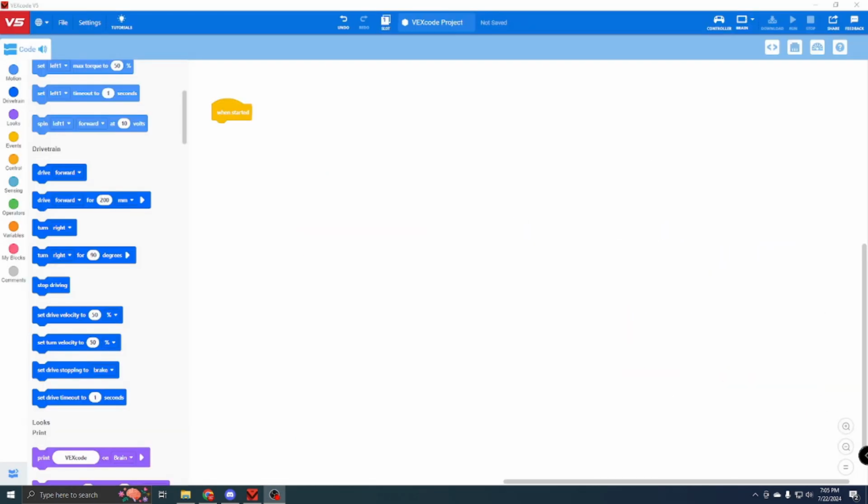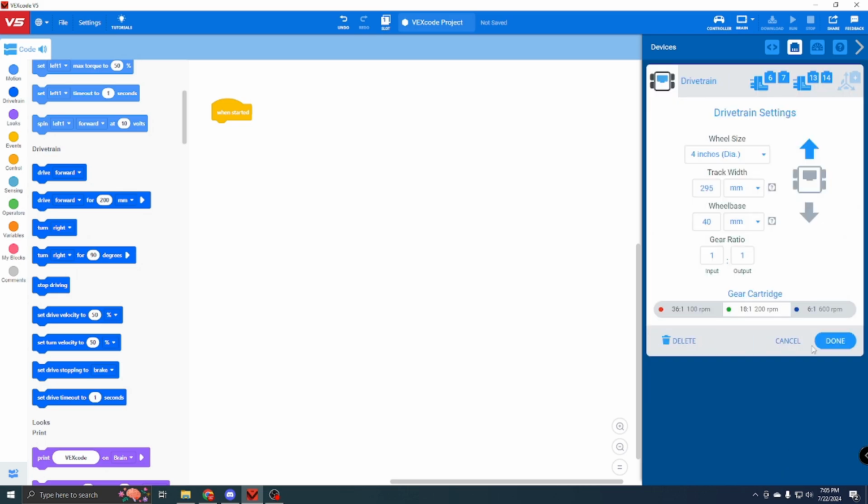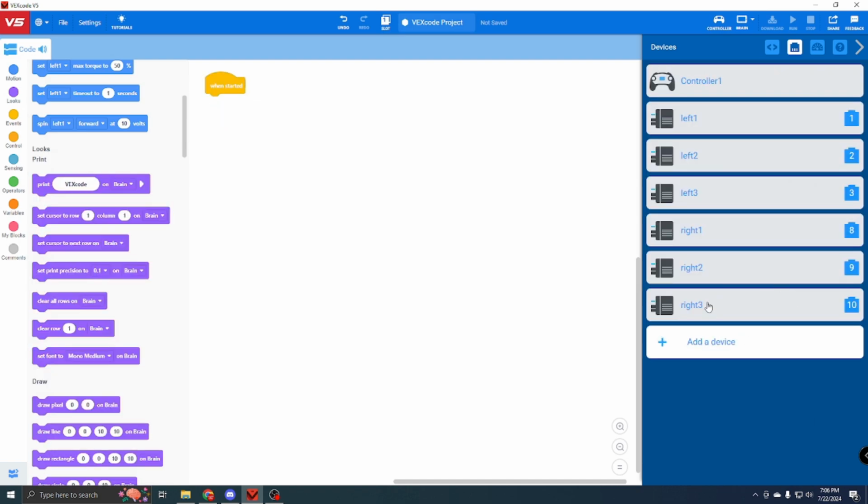Right, so the first thing you want to do is, unfortunately, you cannot use a drivetrain, I know, because the maximum they go is 4 motors, and we're using a 6-motor drivetrain. So I'm going to go ahead and delete that. Make sure you've got your controller if you are planning on using this for non-autonomous, for driver control. But I've got my 6 motors here, my left 1, 2, 3, my right 1, 2, 3.